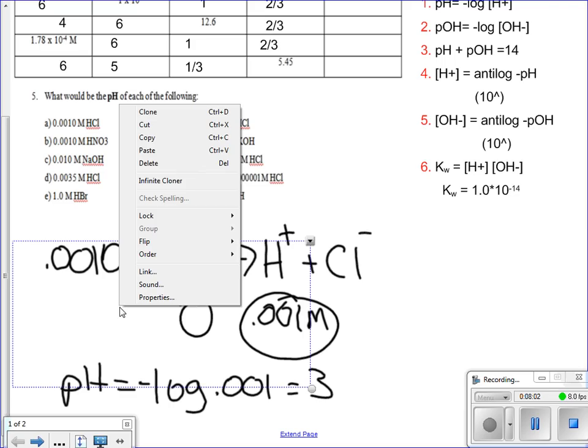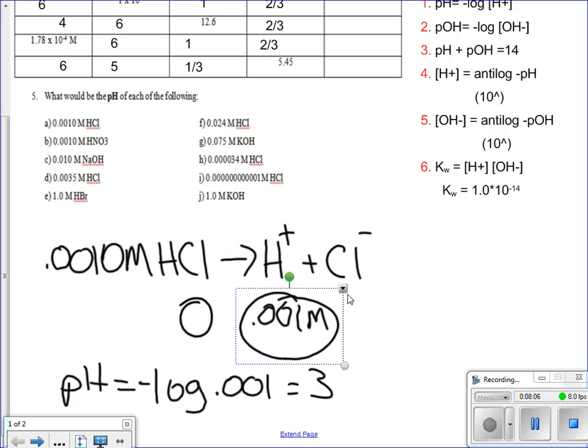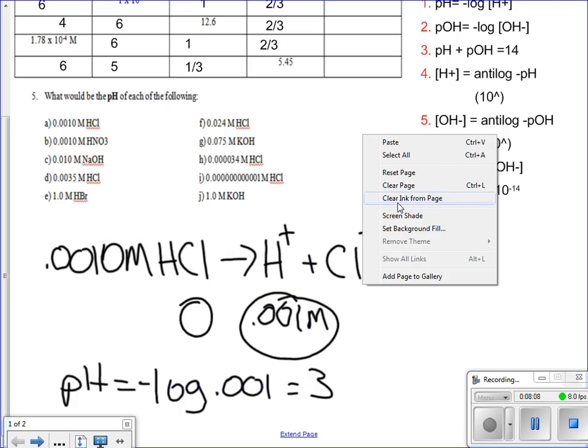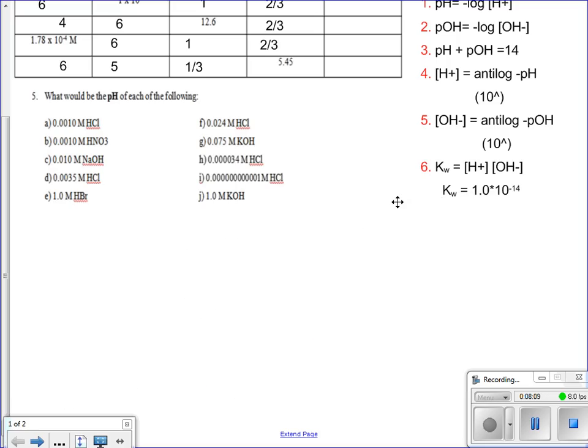C, sodium hydroxide. That is a strong base. So when we take the negative log of 0.01, we're taking the negative log of its OH value, not its H plus value. So we're no longer solving for H plus.